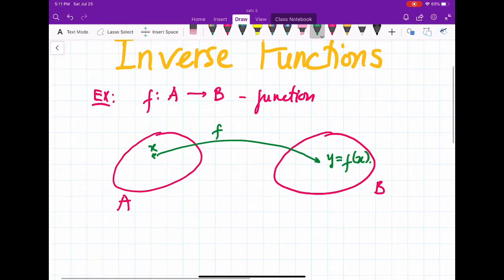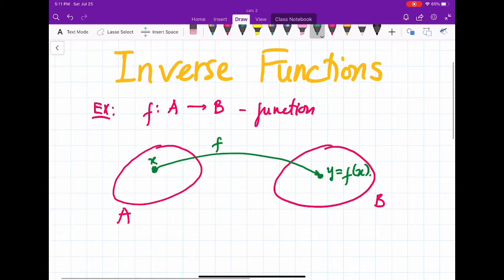Okay? If you look at this picture, you are in the position of X, you apply the transformation F, so you go to the position Y in the B. And suddenly, you want to go back to the position X. So if you want to go back, you have to answer two questions.